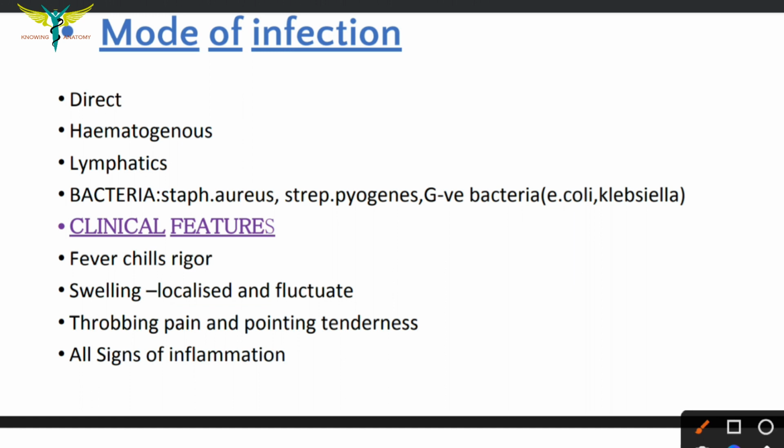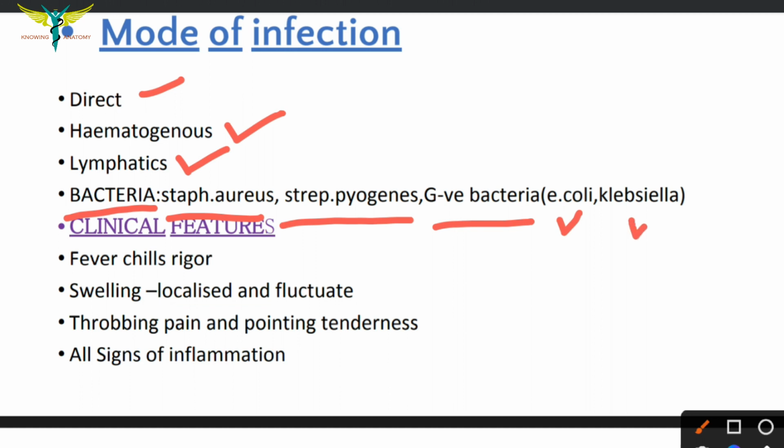The mode of infection of the abscess: it can be caused directly, hematogenously, lymphatically or by bacteria. The main bacteria involved in abscess formation are Staphylococcus aureus, Streptococcus pyogenes and gram-negative bacteria like E. coli and Klebsiella.